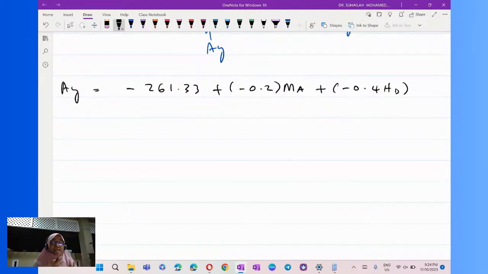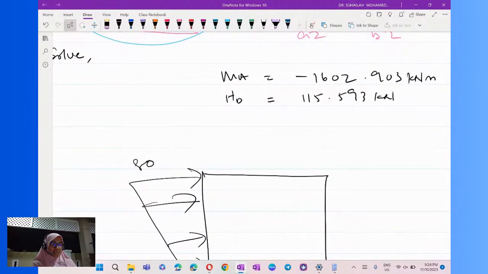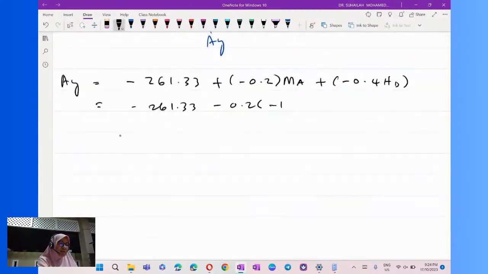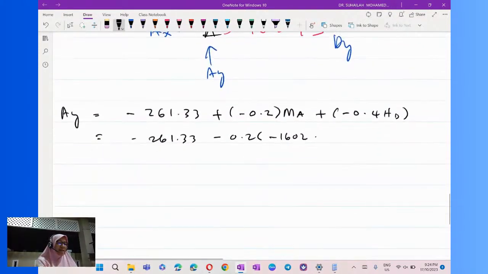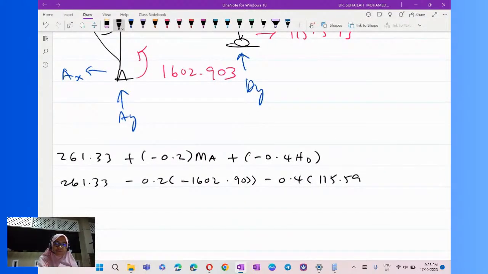Everything inside the redundant diagram, we have to multiply with the redundant, the redundant that we removed. Now we already have the redundant values, so we have to multiply them back. So it is negative 261.33 minus 0.2 times negative 1602.903, minus 0.4 times HD, and HD is 115.593.